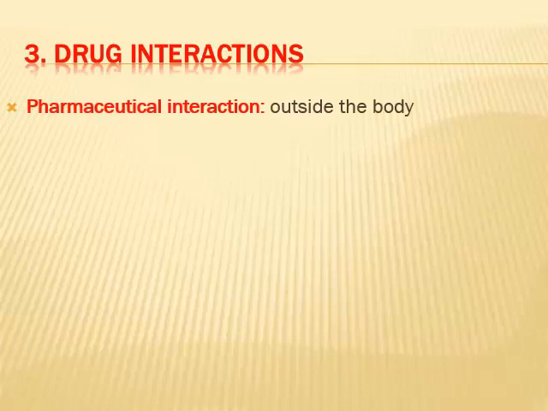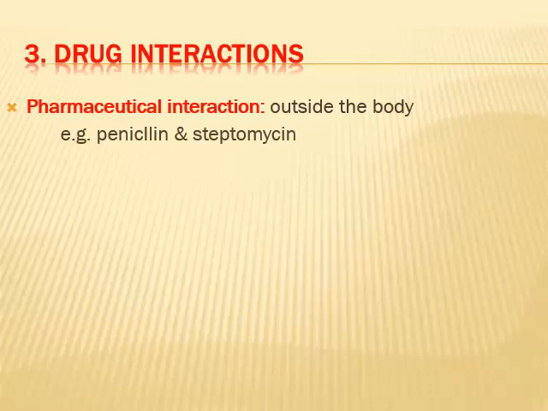There are 2 types of drug interactions. 1. The pharmaceutical interaction, which occurs outside the body, that is, before drug administration. The best example occurs between penicillin and streptomycin, if they are wrongly mixed in the same syringe.